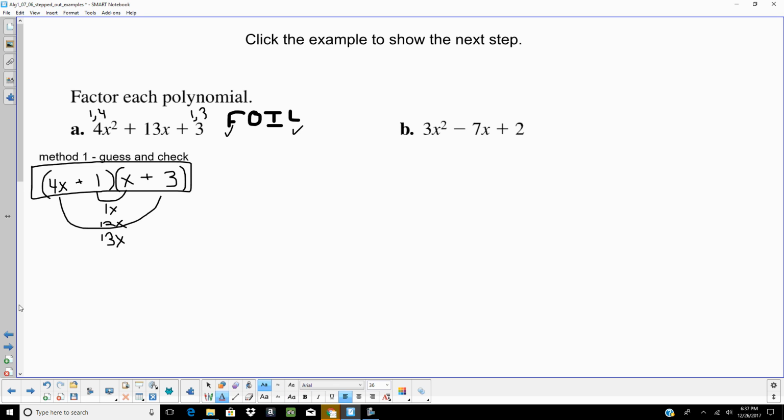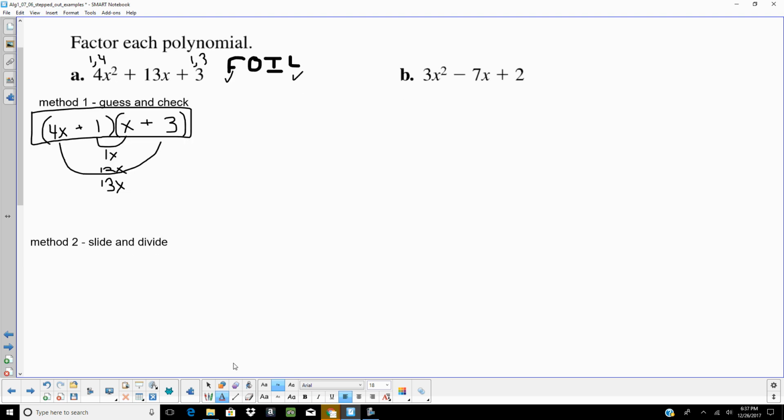The second method that I'm going to show you is sometimes called slide and divide. So on that one, I'm going to just start off with my problem, 4x squared plus 13x plus 3.